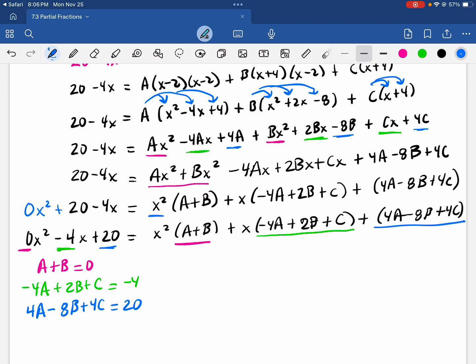Looking at these bottom 2 equations, trying to eliminate those c's, I need them to have the same coefficient in front, which I see the bottom one has a 4. So I probably need to take this one and multiply it by 4. And then we'll just slide this one over underneath it.